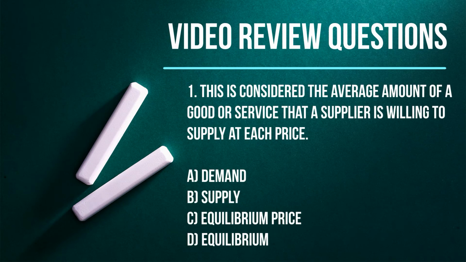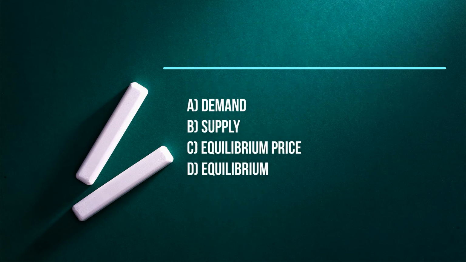This is considered the average amount of a good or service that a supplier is willing to supply at each price. Is it A, demand, B, supply, C, equilibrium price, or D, equilibrium? The answer is supply.